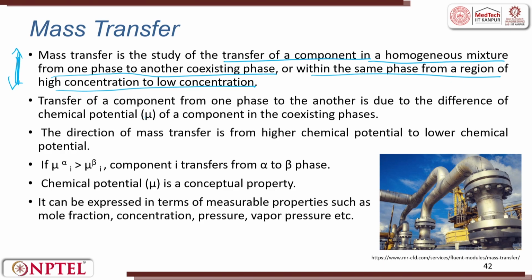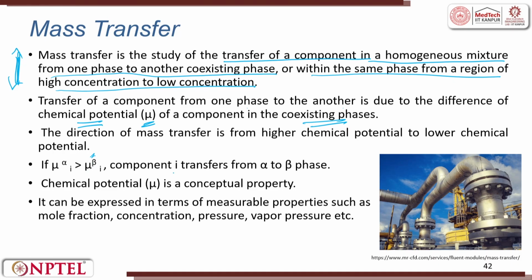The transfer of components from one phase to another is due to the difference in the chemical potential mu. So, it is like osmosis, the chemical potential mu of the component in the coexisting phase. The direction of mass transfer is from higher chemical potential to lower chemical potential, where mu alpha i is greater than mu beta i.